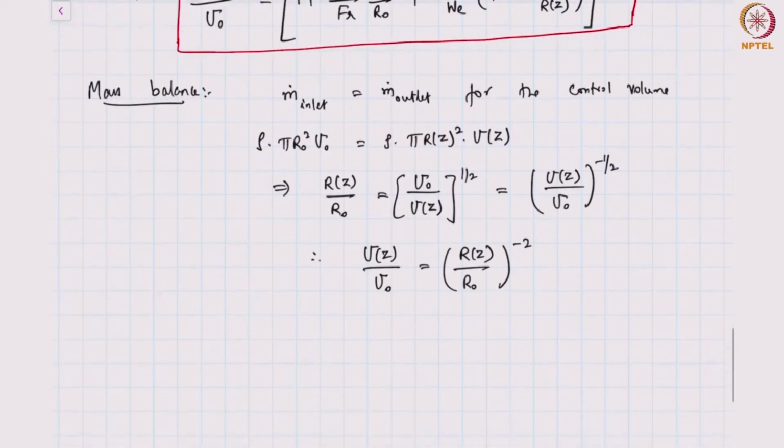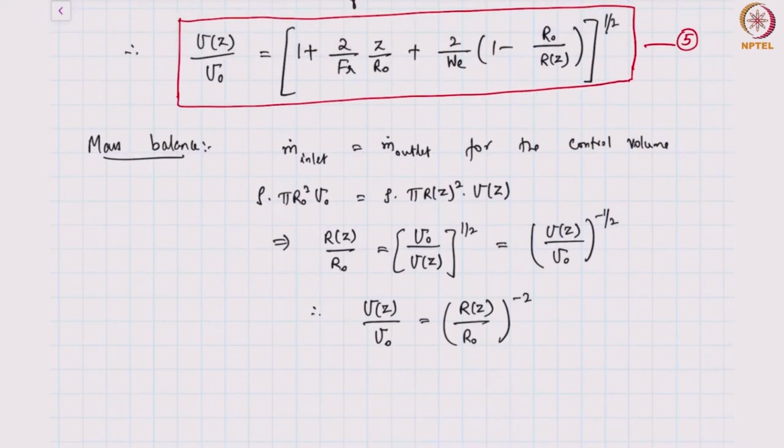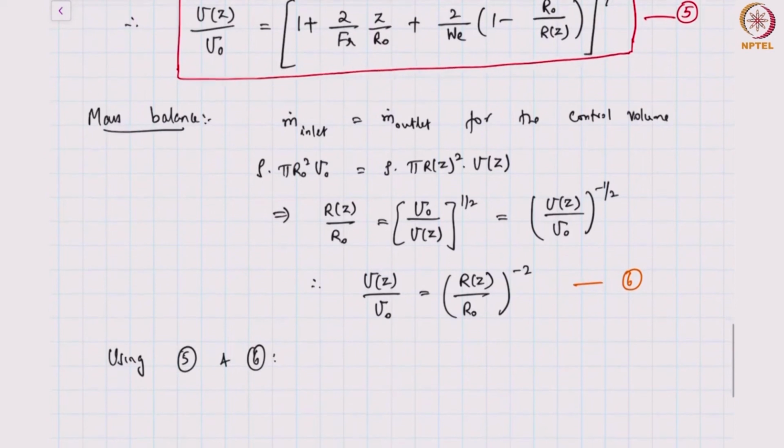So let's now substitute this into the equation. What do I have here? Wherever there's U of z by U naught, I can substitute R of z by R naught. Let's do that. We'll call this equation number 6. Using 5 and 6, what do we now have?